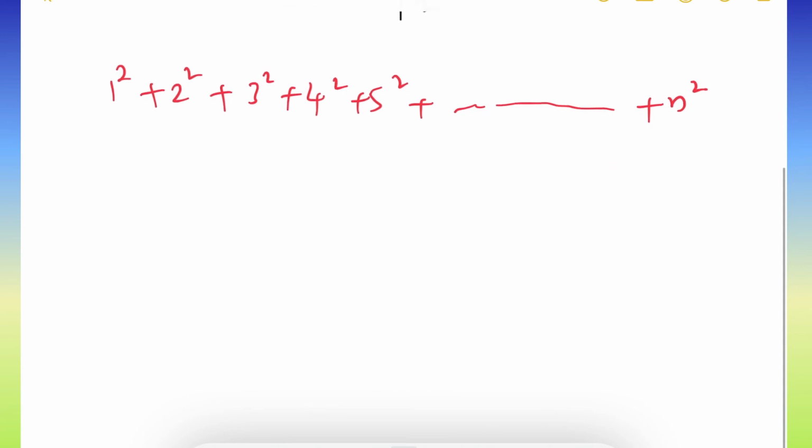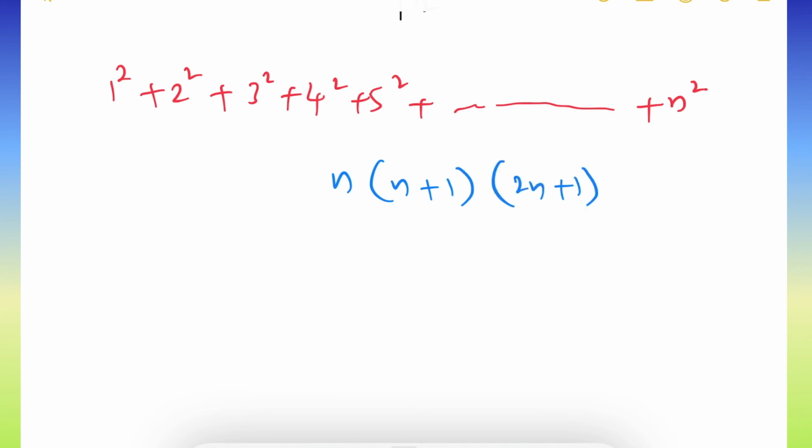Now this nth term, if we observe clearly, is the sum of the squares of the first n natural numbers. So the formula will be n into (n plus 1) into (2n plus 1) divided by 6. This is the formula for the nth term. Now for the same nth term we need to apply the summation.